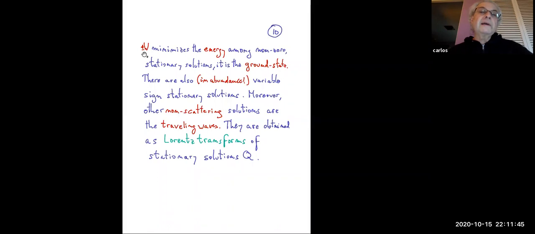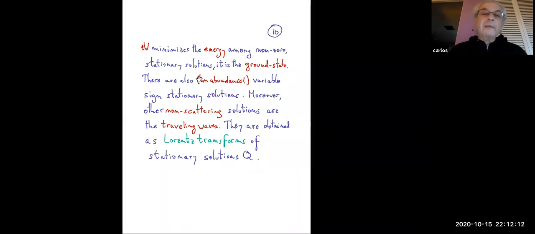W is called the ground state because it has a variational characterization minimizing the energy. If you consider the energy and you minimize it among all non-zero solutions, you do get a minimum, and it's attained at plus and minus W and its rescalings and its translates. Because of this, it is called the ground state.